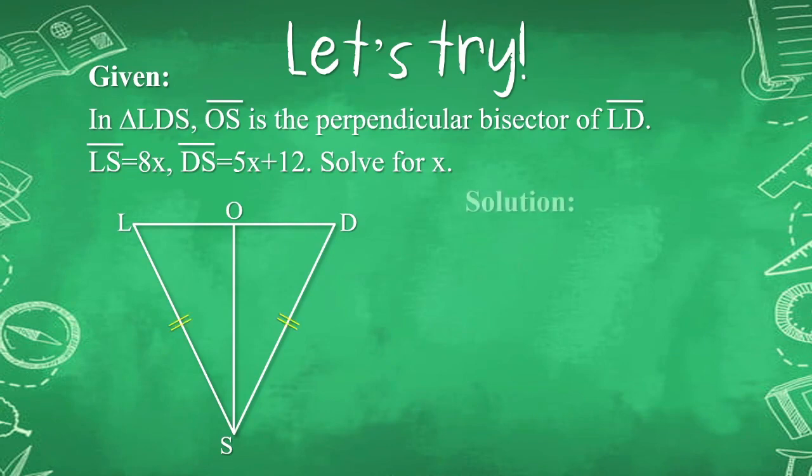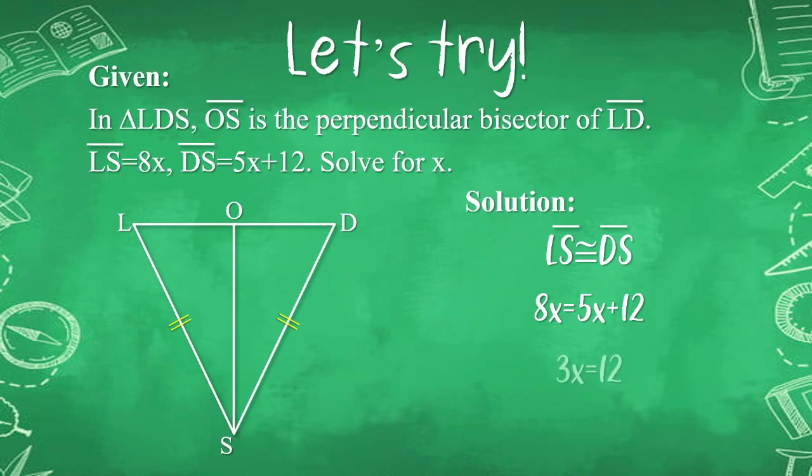Since it is proven that LS is congruent to DS, then we can create an equation: 8x is equal to 5x plus 12. By subtraction property of equality, we can simplify the equation to 3x equals 12 and divide 3x by 3 and 12 by 3. We can get the value of x is equal to 4.